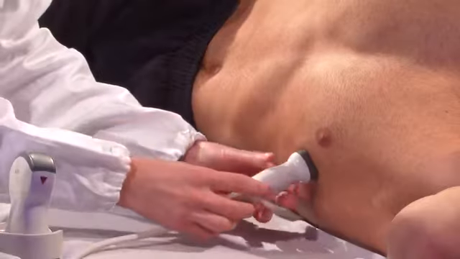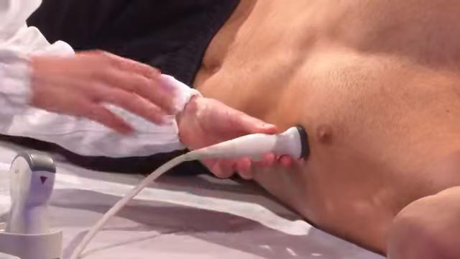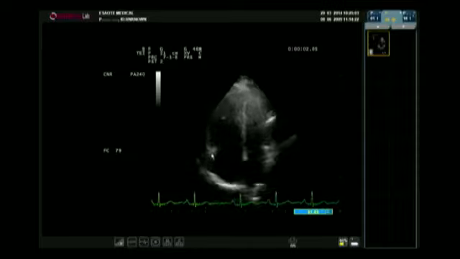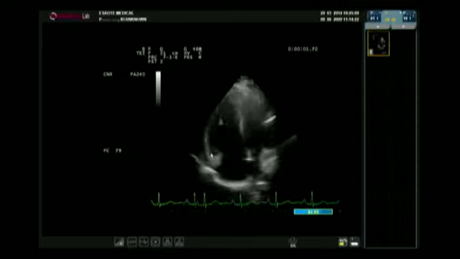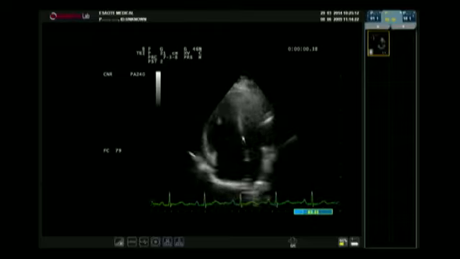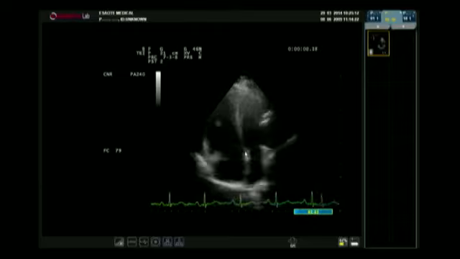Then, you have to look at the right heart, which is very important in critically ill patients. And you can perform some more focused view of the right heart to assess whether the right ventricle is dilated and/or dysfunctional, such as in massive acute pulmonary embolism, or to see whether you have a paradoxical motion of the interventricular septum.